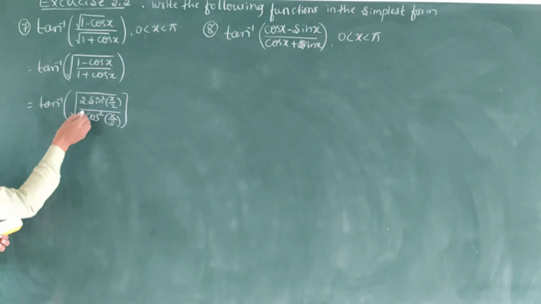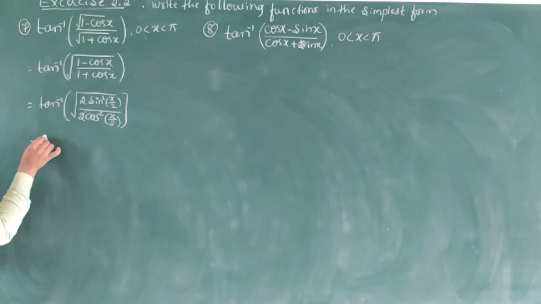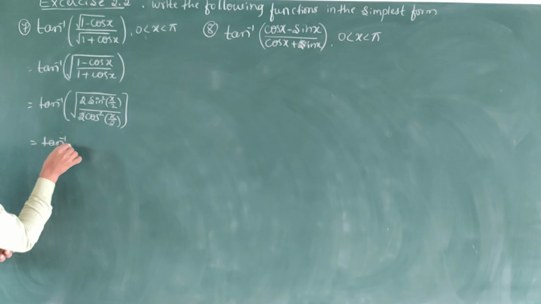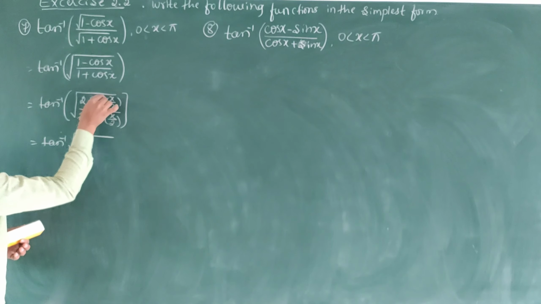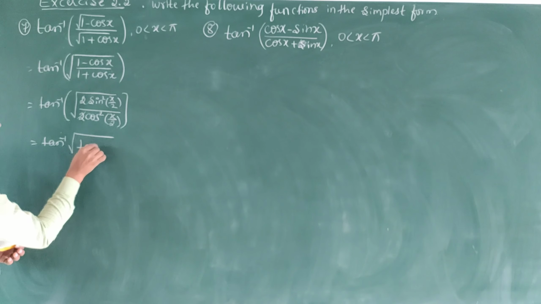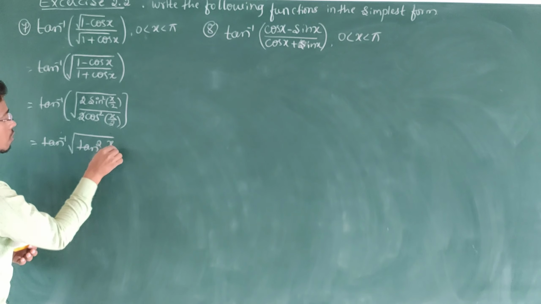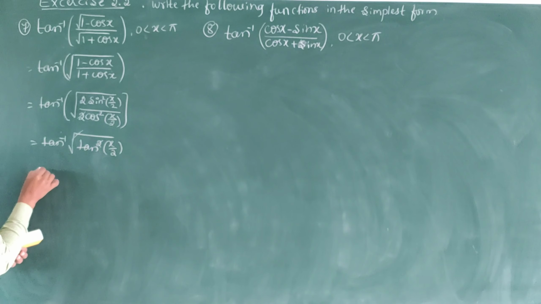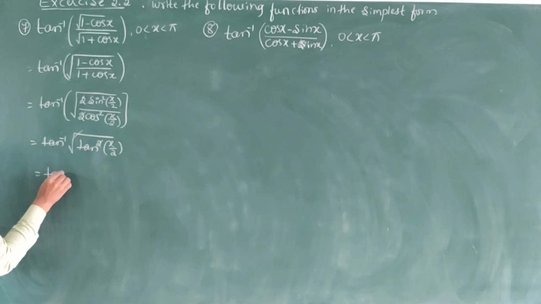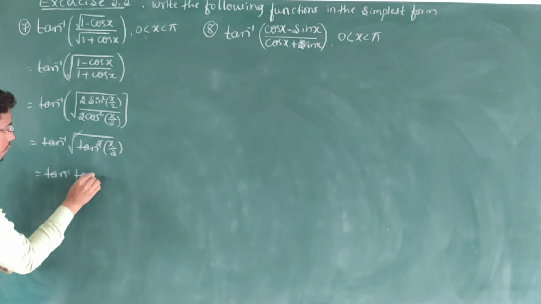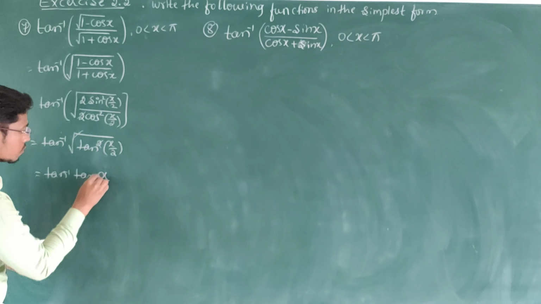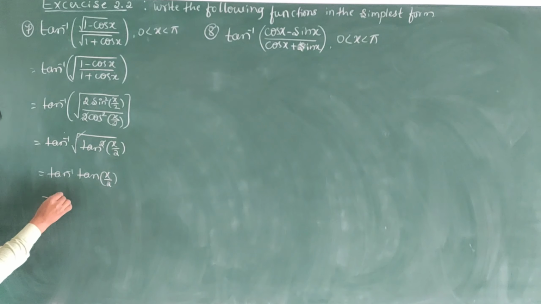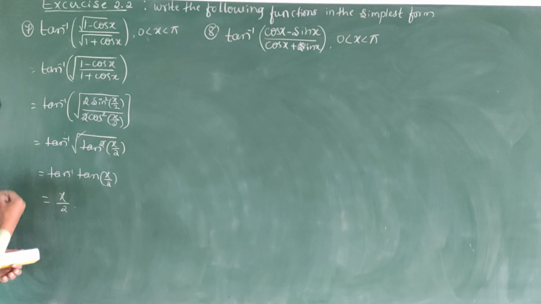The 2s cancel. Root of sin square by cos square is tan square x upon 2, the root and square cancel. Tan inverse of tan x by 2, so what remains is x by 2.